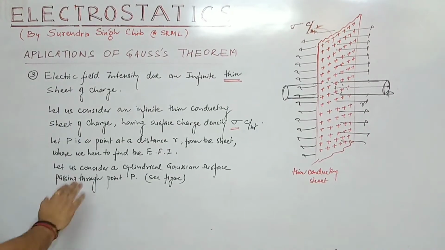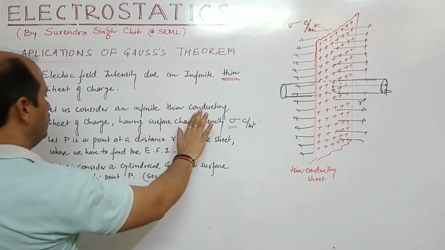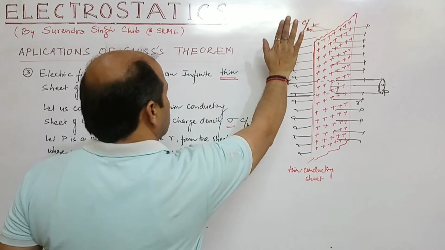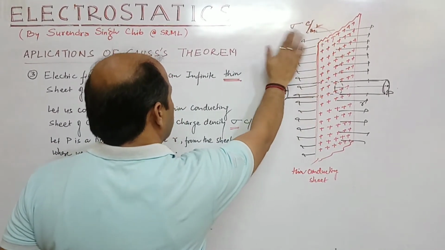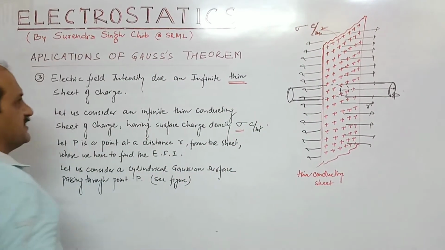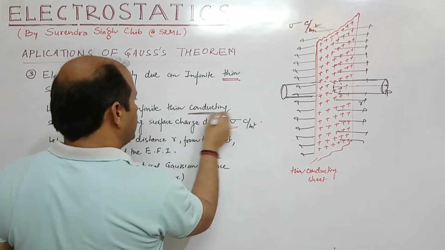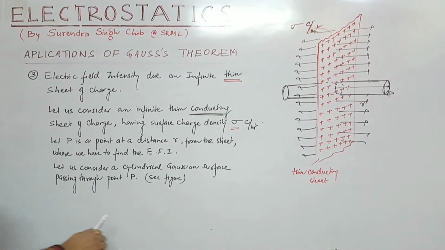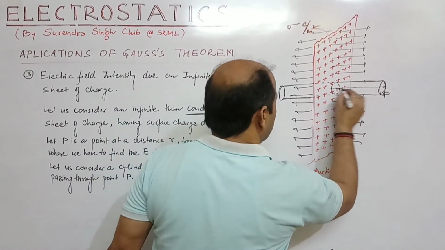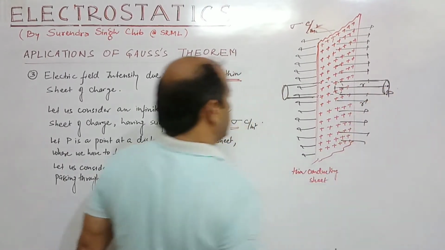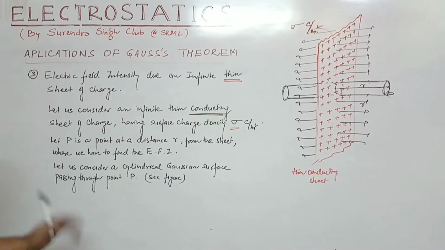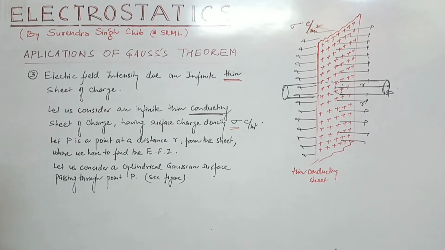So before I rub it, see here, what we have taken? We have taken a sheet having a uniform surface charge density sigma coulomb per meter square, and this is a thin and conducting sheet, and P is a point at distance R from the sheet. हमने कौन सा Gaussian surface लिया?